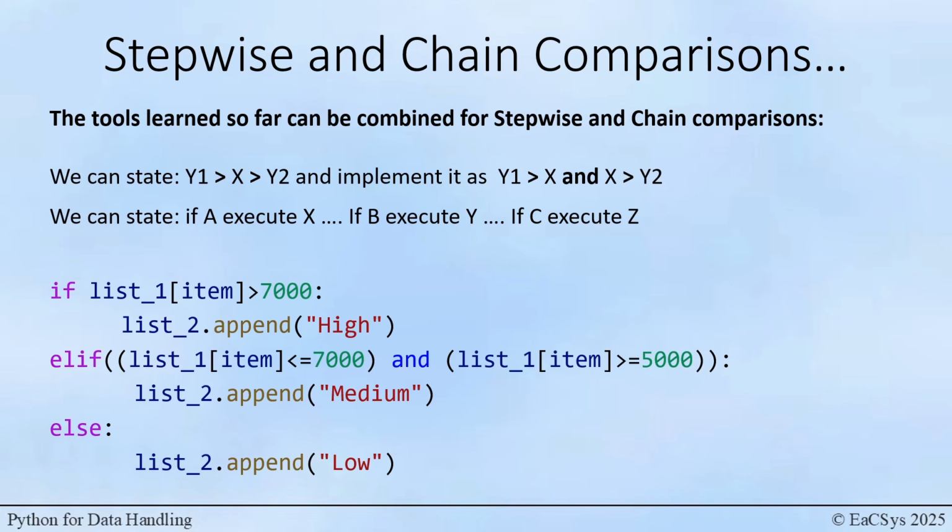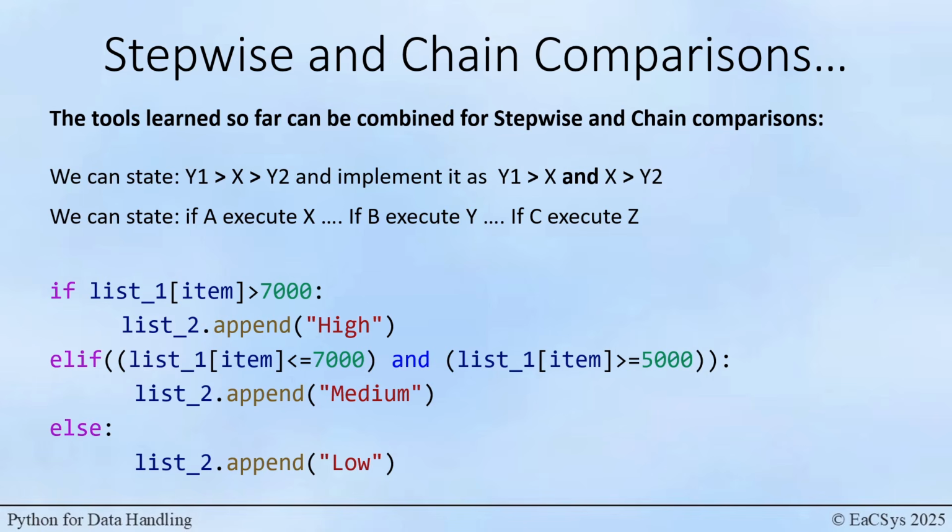So, if you want to change this statement to a stepwise comparison with a similar result, the else-if could be changed to an if, and the else could be changed to an if list one item is less than 5,000, execute the code list two append low.